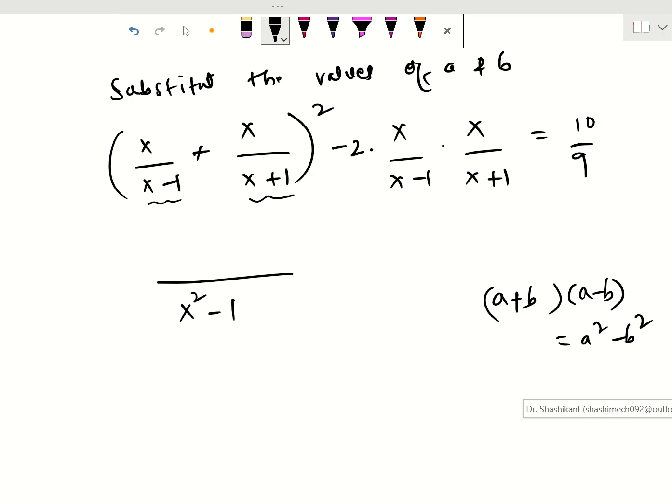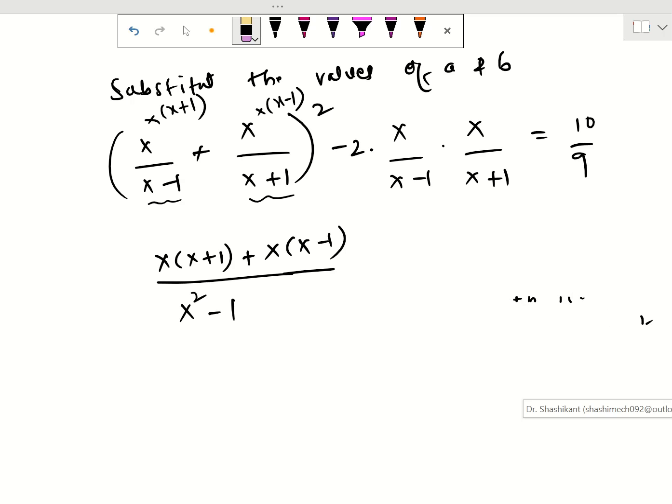The same thing has been written here. Now the LCM will be x plus 1 for one term and x minus 1 for the other. Therefore it will be x into x plus 1 plus x into x minus 1. Is it right?